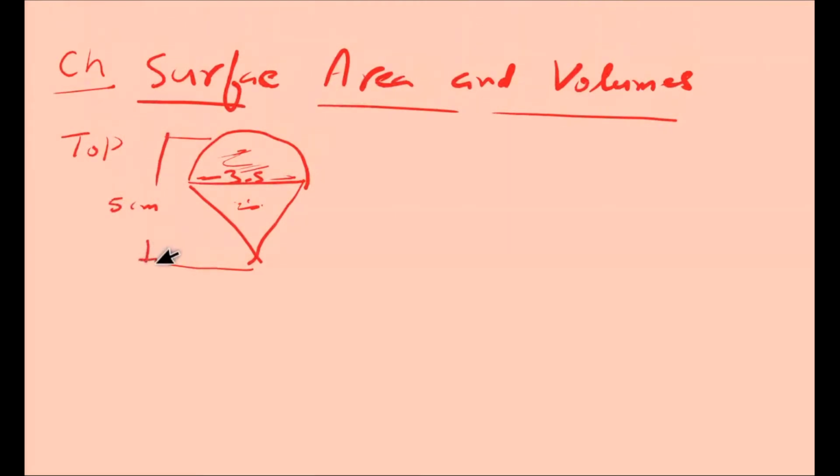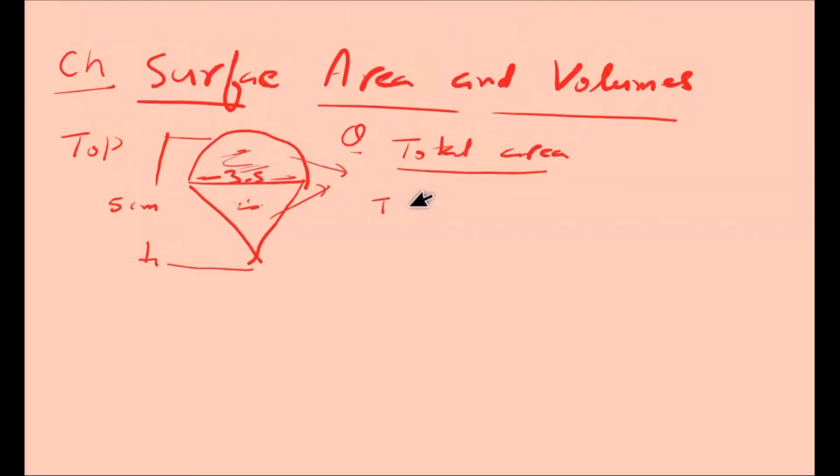So your question is that the entire top you have to color. Find the area you have to color on this top. Okay, so what is the question? We have to find the total area. Now you can see the area of this and the area of this, you have to add them.